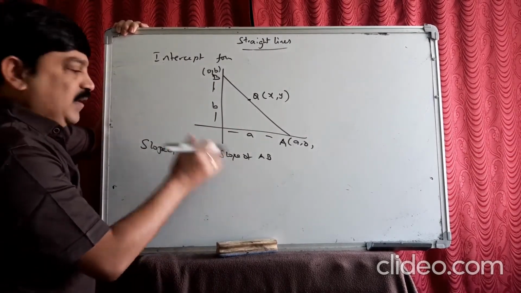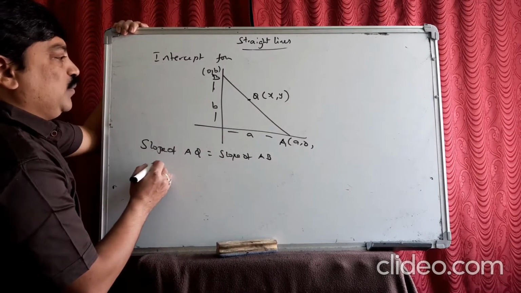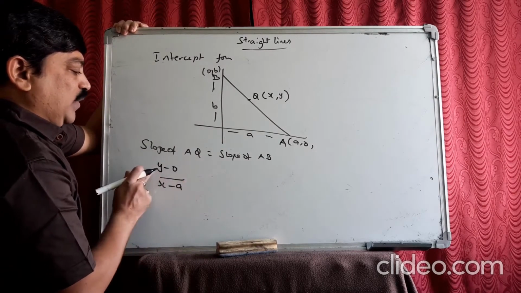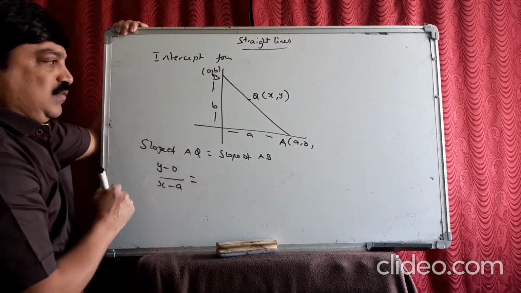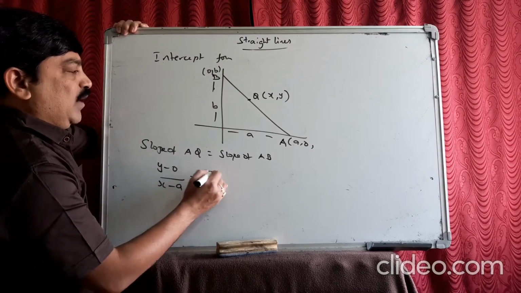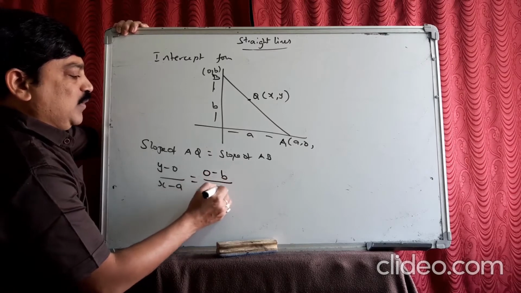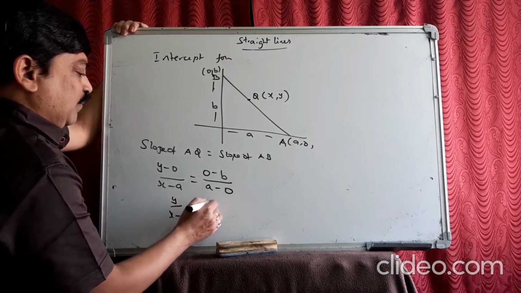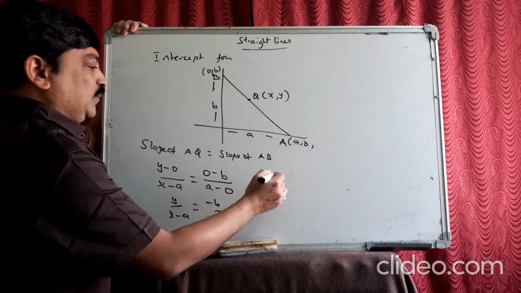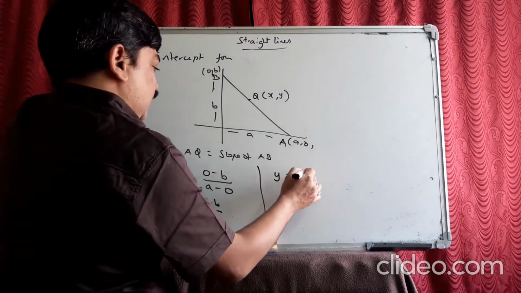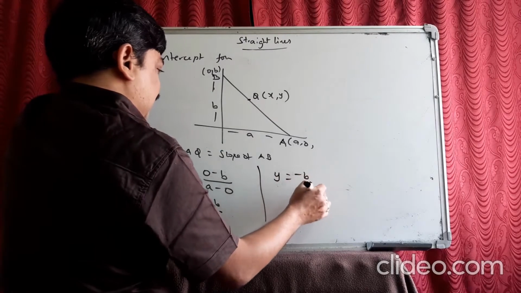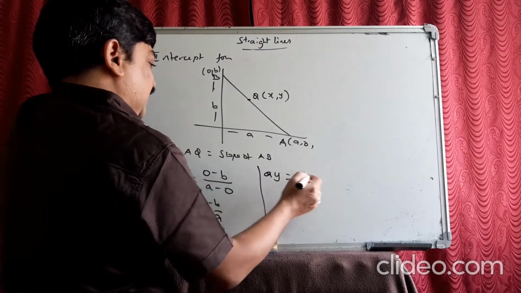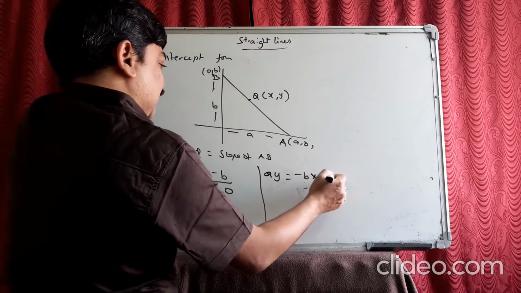Let us take AB. Slope of AQ is y minus y1 by x2 minus x1, y2 minus y1 by x2 minus x1. And slope of AB, y2 minus y1 by x2 minus x1. Now it becomes y by (x minus a) equals minus b by a. Cross multiply. Ay is equal to minus bx plus ab.